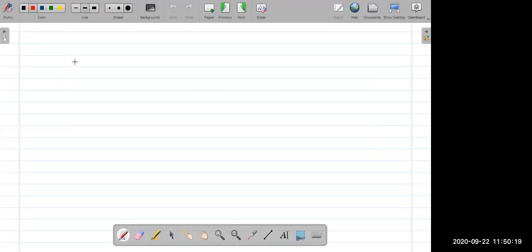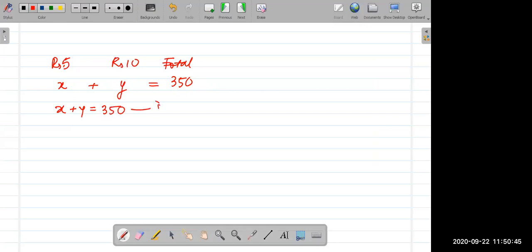We had 5 rupee notes and 10 rupee notes, and the total of those notes was given to be 350, right? We started with the number of 5 rupee notes being X and the number of 10 rupee notes being Y. So the sum of these two was 350. That gave us the first equation, X plus Y equals 350.